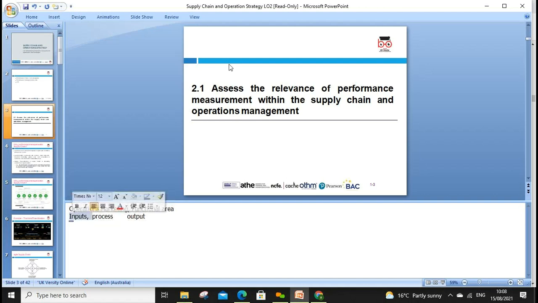We always try to reduce cost, we want to make the processes smooth, and we want to reduce time, so we can get the output right. That's really what operational management is all about.